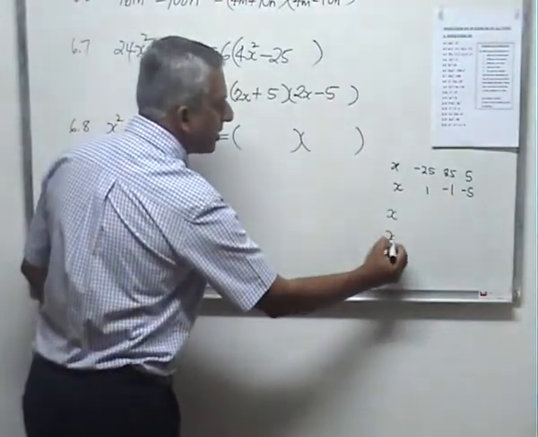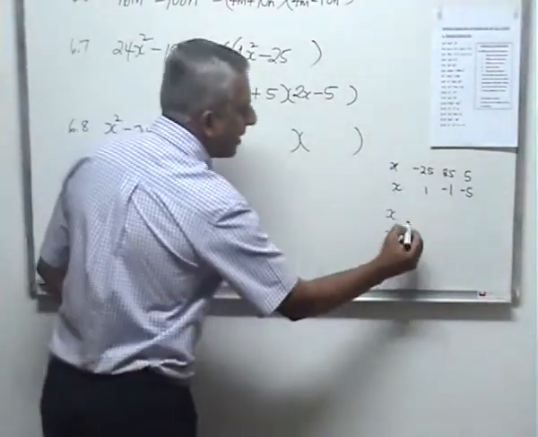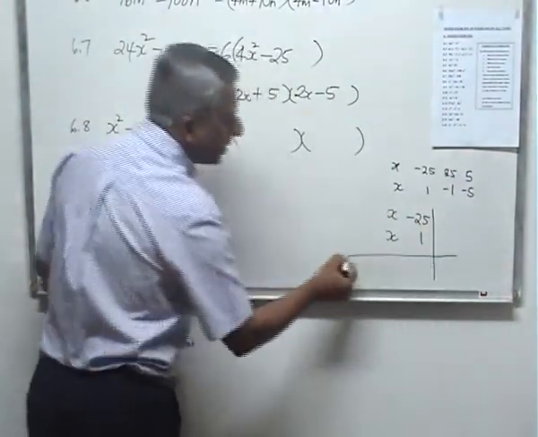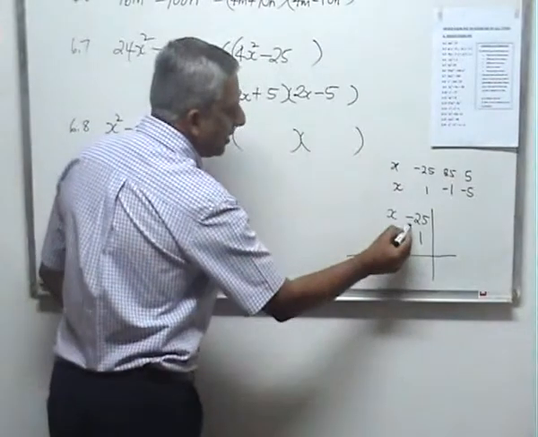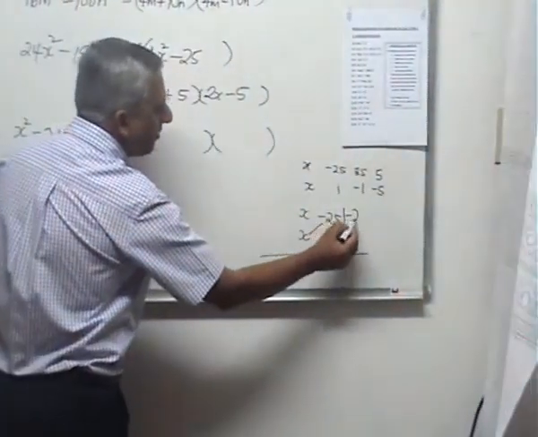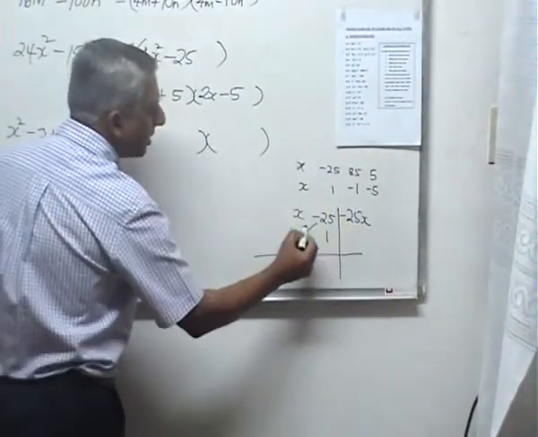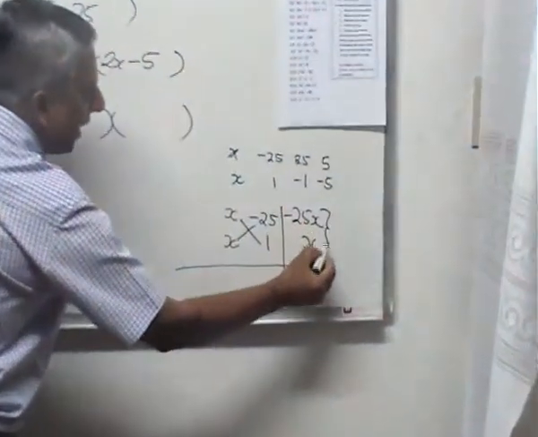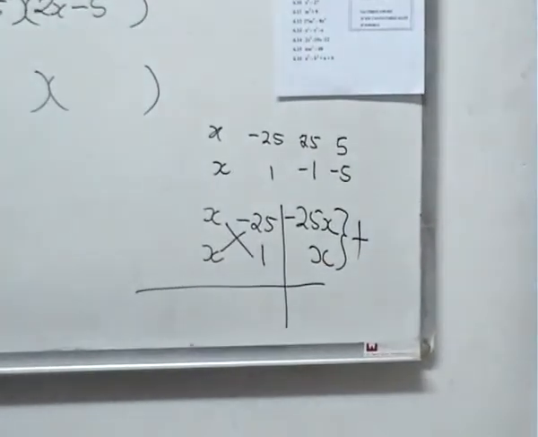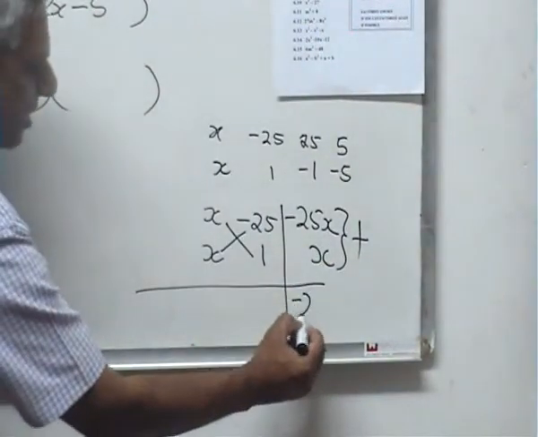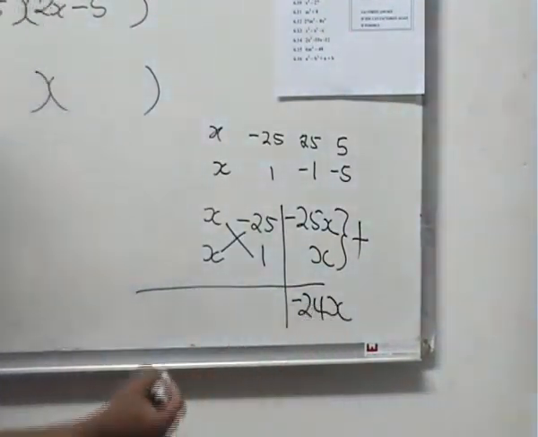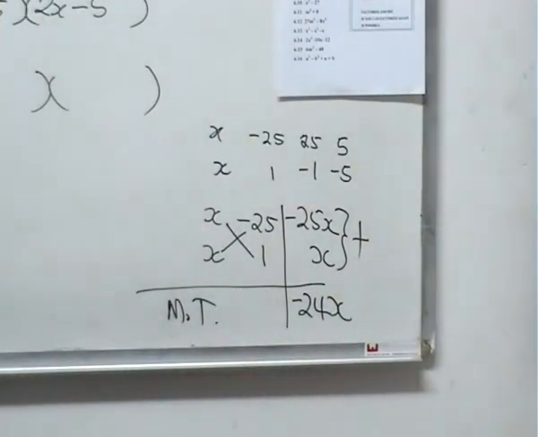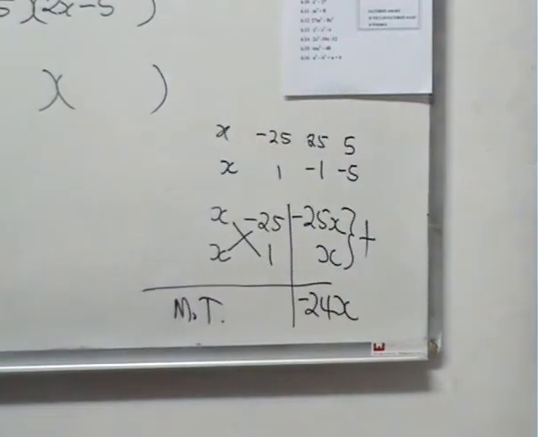So there's your x, and there's your x, and there's your minus 25, and there's your 1. And when you multiply, x times minus 25 will give you minus 25x. X times 1 will give you x. And when you add these up, you get minus 24, and that's your middle term. You are looking for minus 24. So that's the right combination.